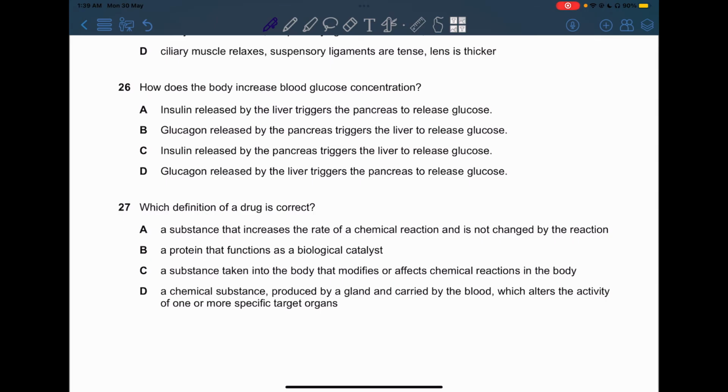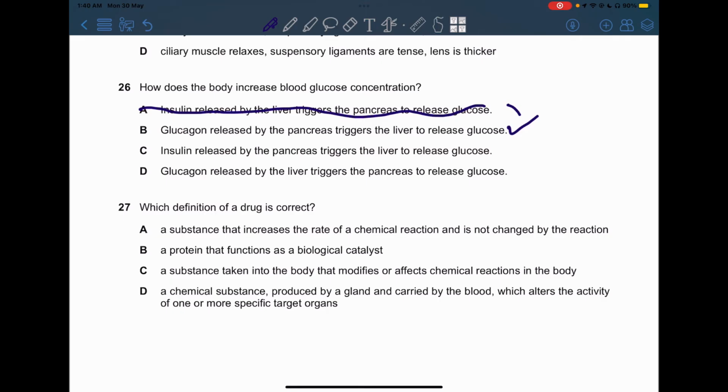26. How does the body increase blood glucose concentration? Now, we can't choose insulin because insulin actually decreases the blood glucose levels, so we can't choose that. Now, glucagon released by the pancreas triggers the liver to release glucose. We do know that glucagon is the opposite of the insulin hormone, so this is correct.